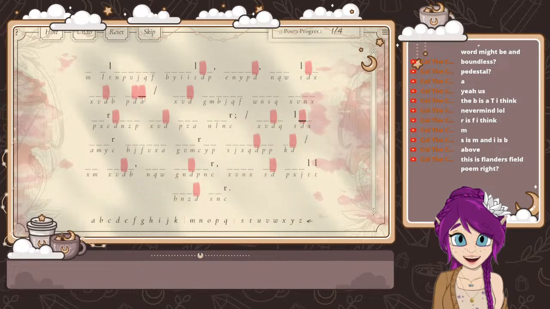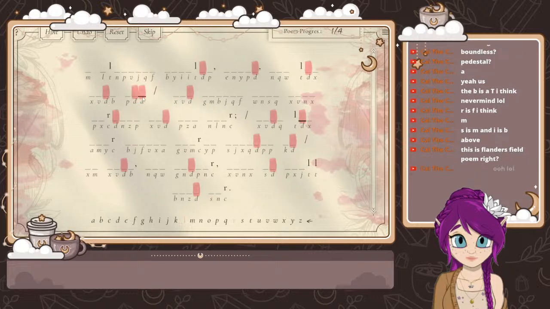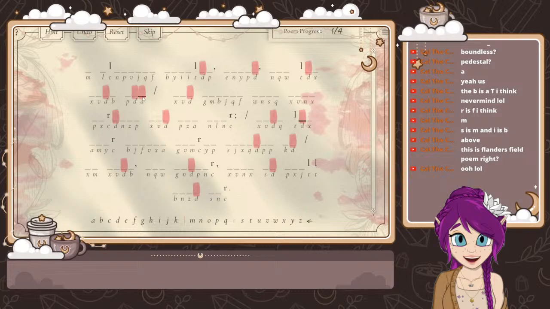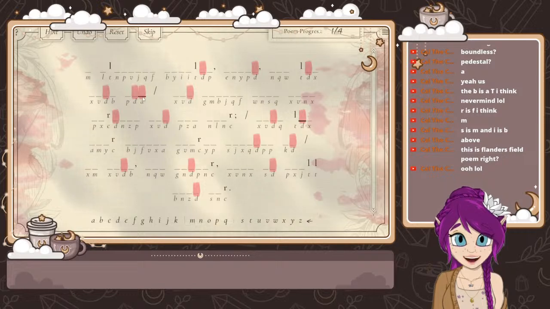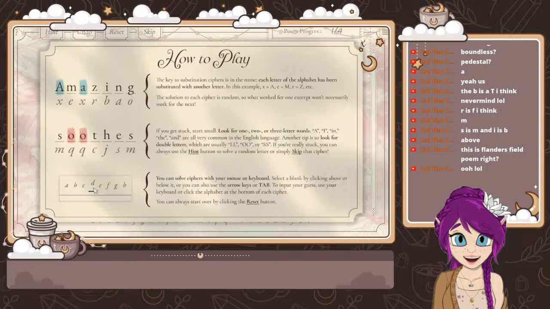This is a double. But I don't think this is the Flanders Field one. This is a double, so it's either S, an L, or an O?